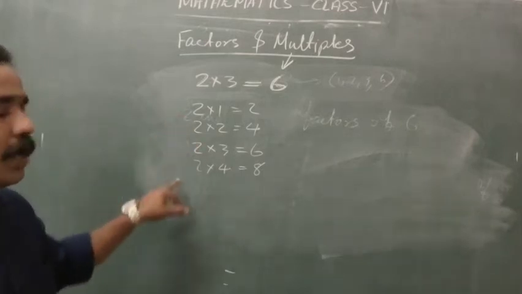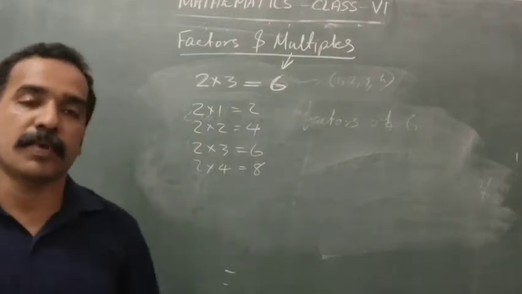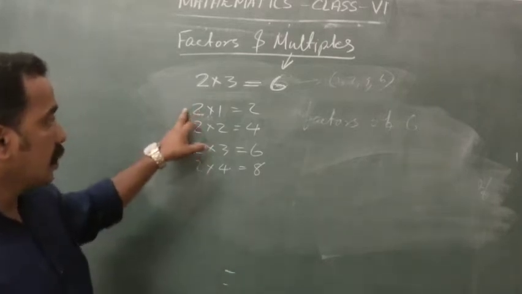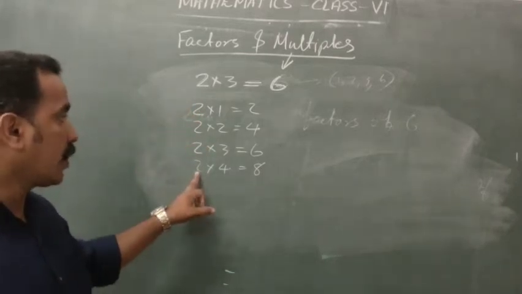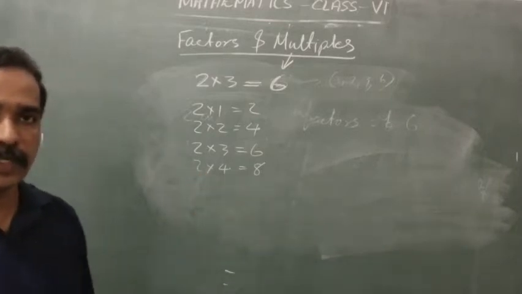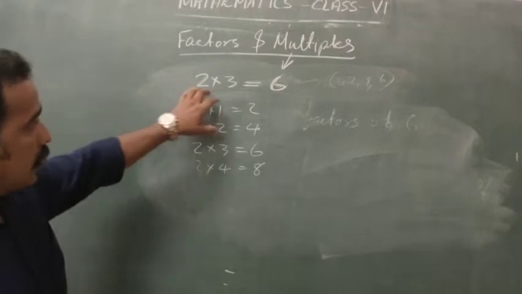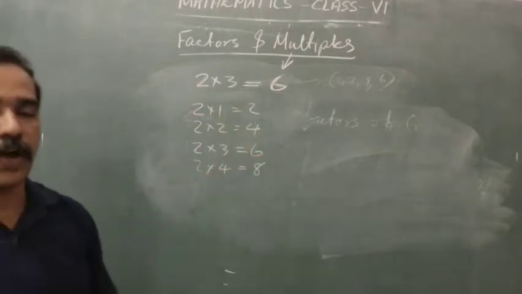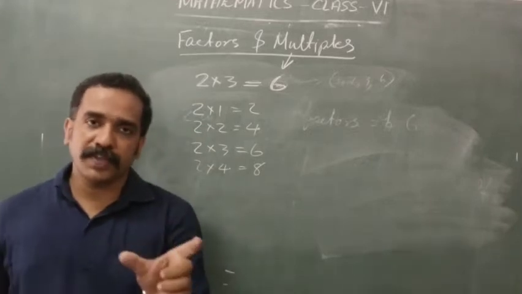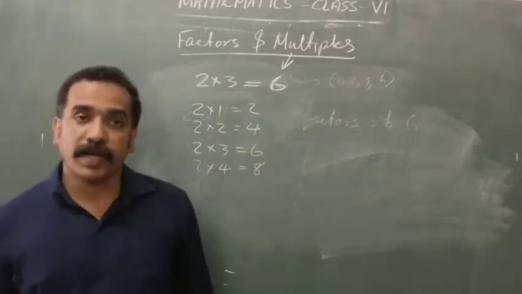For example, for 2, which is the biggest multiple of 2? We cannot say, because it goes on infinitely. If you multiply 2 with any number, you will get a multiple of 2. Understand? So we cannot say how many multiples a number has. Infinitely many multiples.